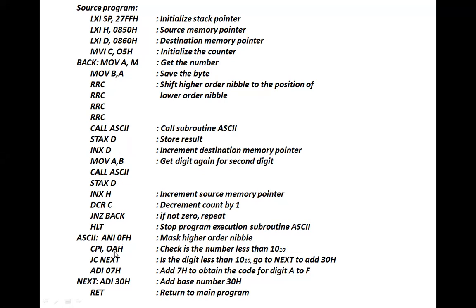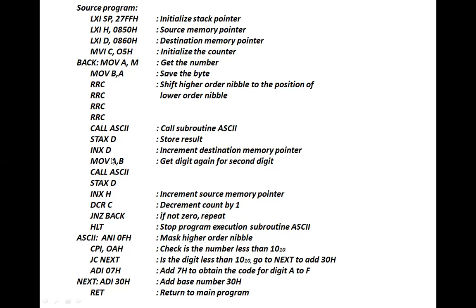We check whether it is less than 9 or not. If it is less than 9, we add only 30. But if it is more than 9, we add 7 and 30, and then it returns. When it returns, it comes over here and stores the content at 0862, the higher order nibble converted into ASCII code.